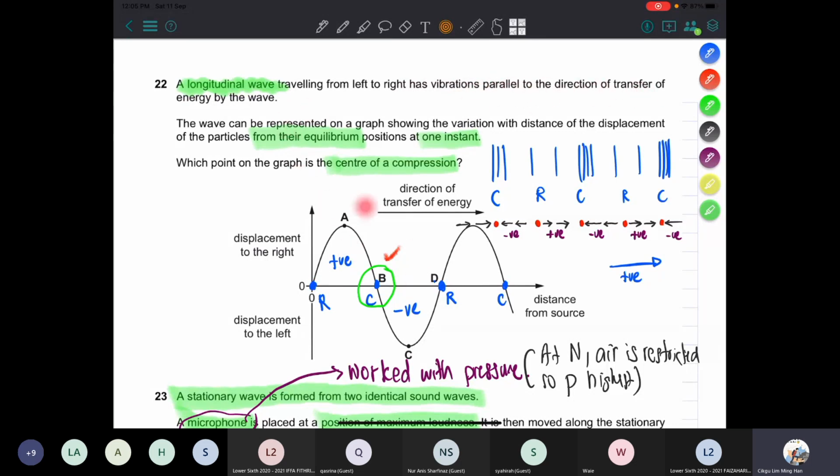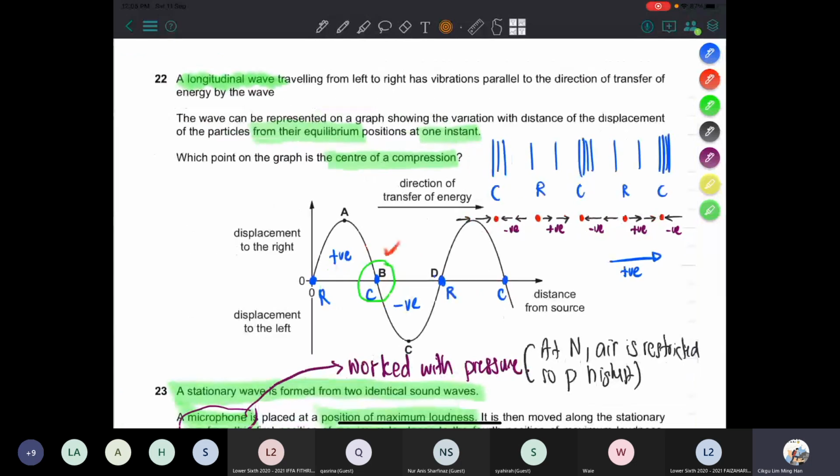And then this graph represent the variation of the displacement of the particle from their equilibrium position at one instant. So if you look at my drawing here, we have a compression, and then we have a rarefaction. We have another compression here, and we have a rarefaction and a compression.